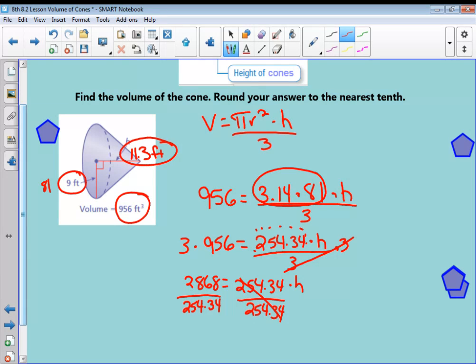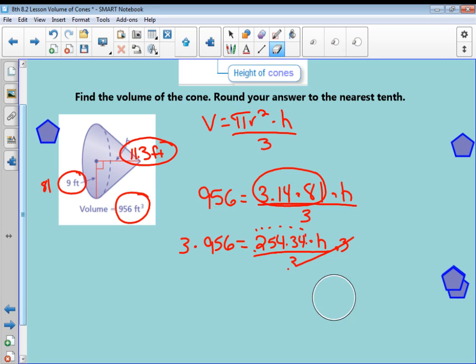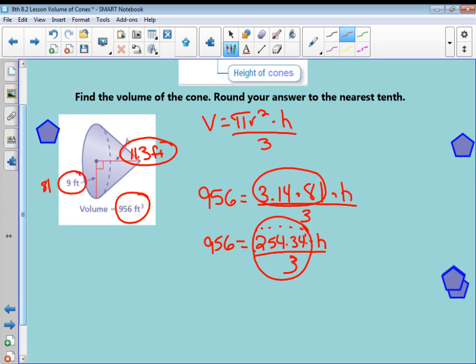Okay, the other way that I could have done it, that I was saying previously, is we could have gone through and divided this part by 3, and we should still get the same answer. So we'll just test it. If I took 254.34 and divided that by 3, it's going to give me 84.78.